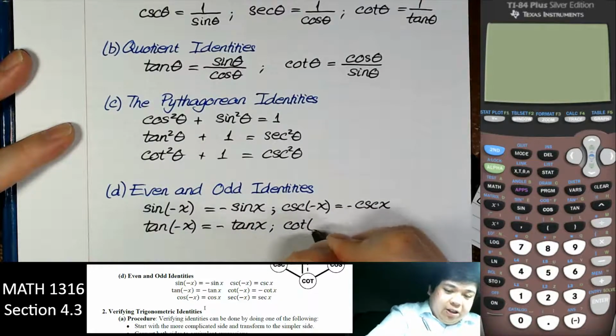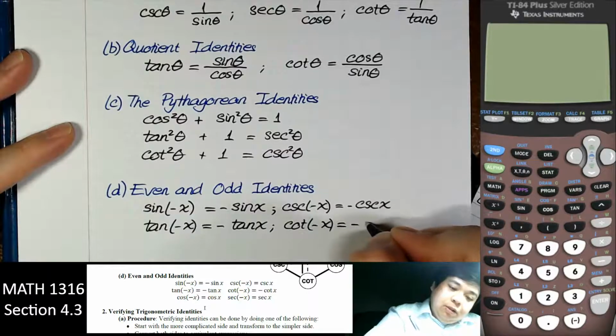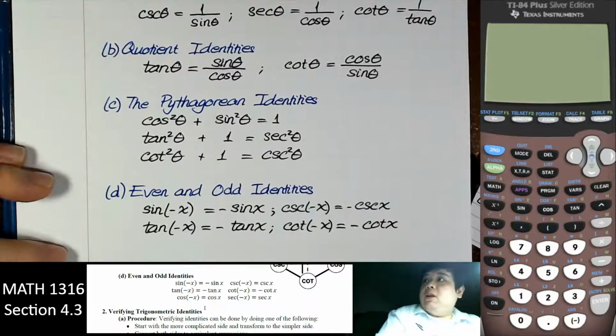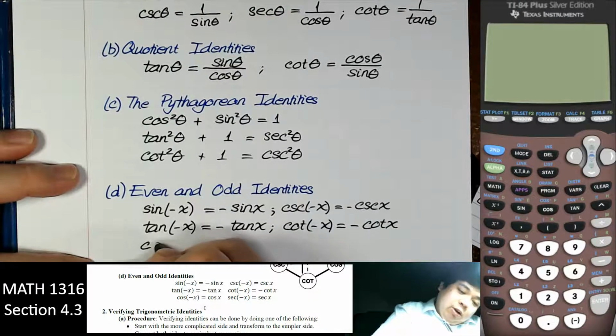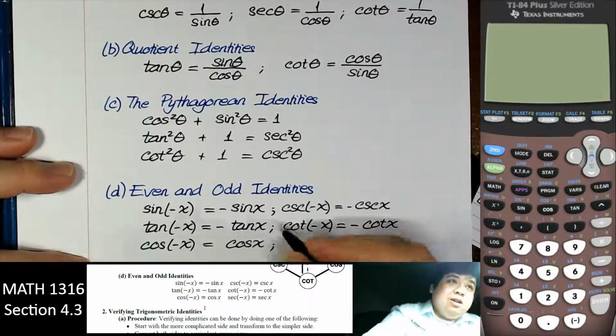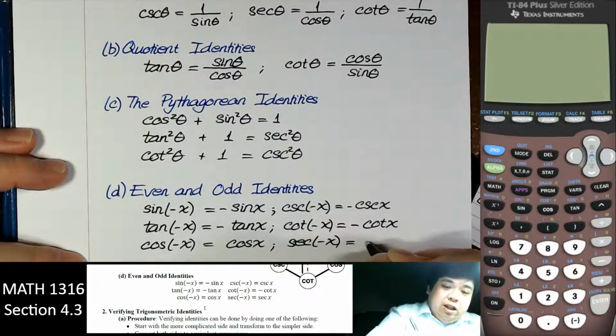Cotangent of negative x is negative cotangent x. And then finally cosine of negative x is cosine of x. Secant of negative x is secant of x.